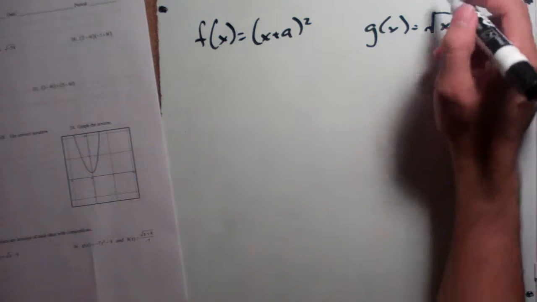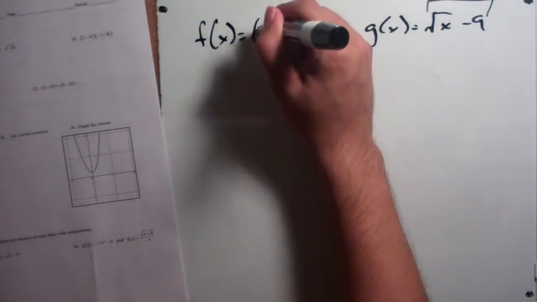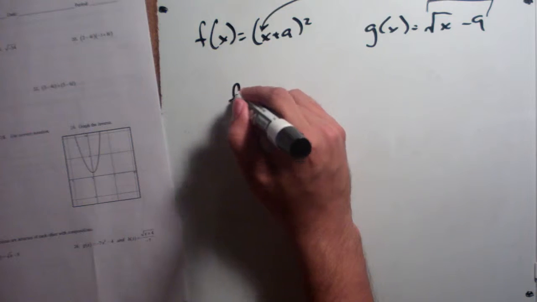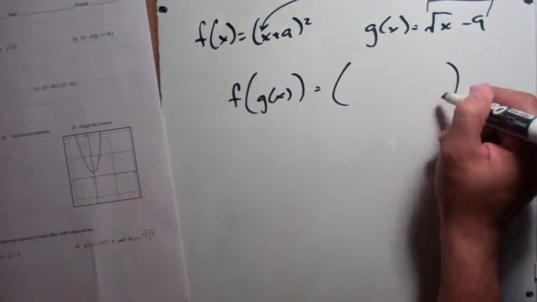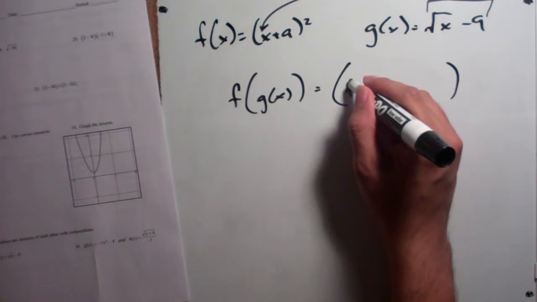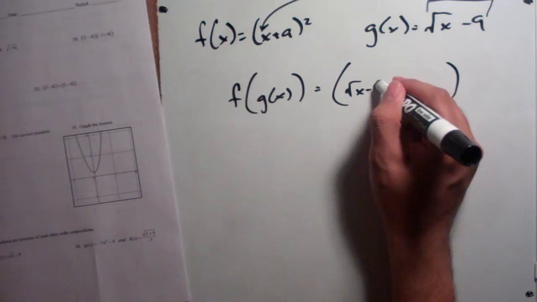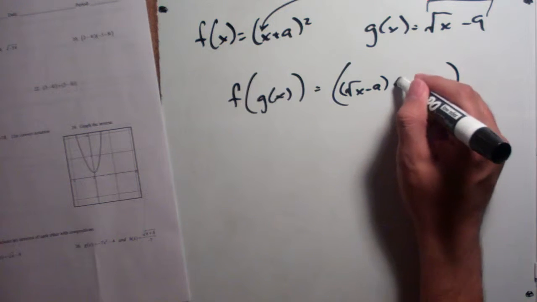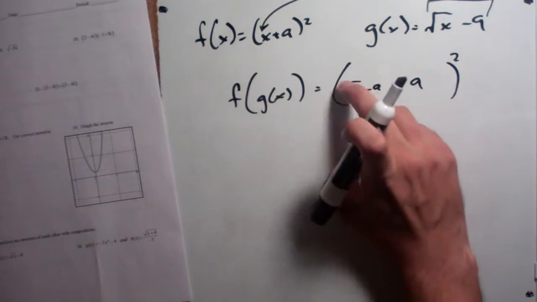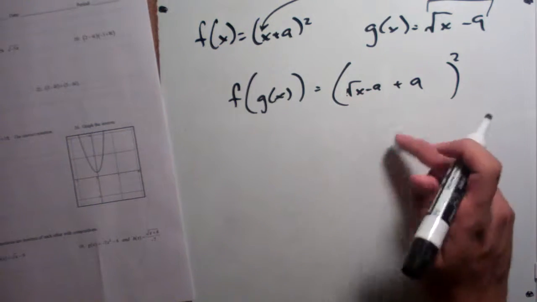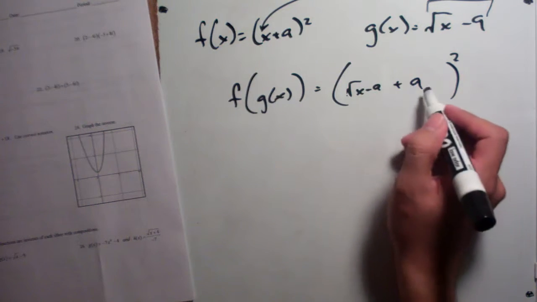I'm going to go ahead and put g in place of x over here. So the f of g of x will be radical x minus 9, put that in parentheses, plus 9, squared. Nothing's happened to the parentheses for now, so let's drop them. What can we do inside these parentheses is we can subtract 9 and add positive 9.